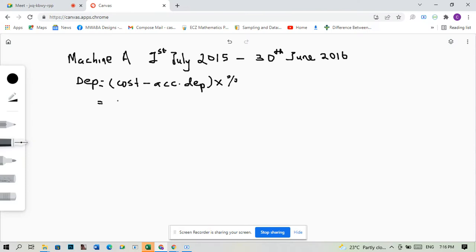So we'll say 15,000 minus 0. Remember, this is year 1, so there's no accumulated depreciation yet, times 20%.